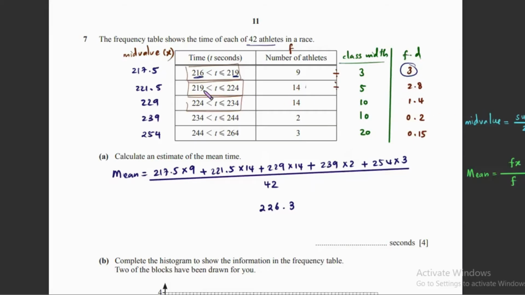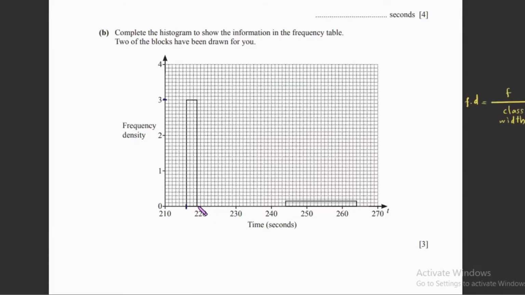So the second one, which is from 219 to 224, has a height of 2.8. So this is where 224 is, with a height of 2.8. So this is 3, this is 2.9, so this is where 2.8 will be. So we're going to draw it this way.